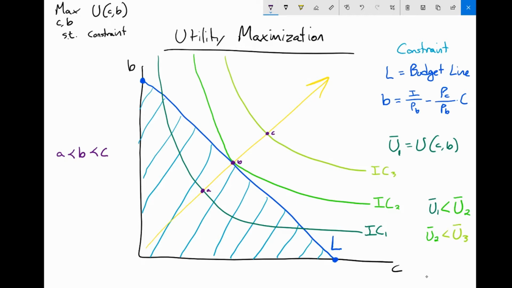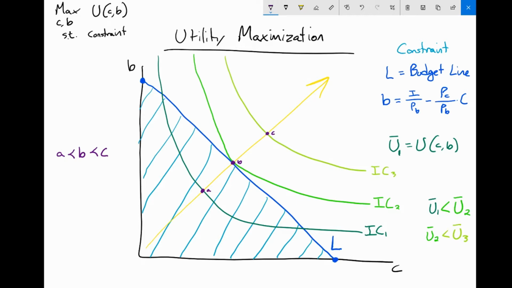And so, without a constraint, the agent would consume an infinite number of coffee and bagels because they will always choose bundles that lie on indifference curves that are further away from the origin. Now this is where the budget constraint comes in. They can't buy any possible bundle. They can only buy bundles that they can afford.